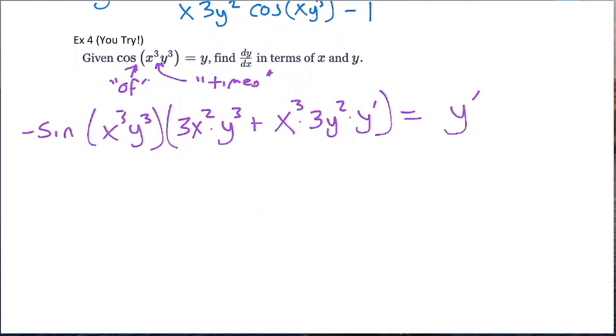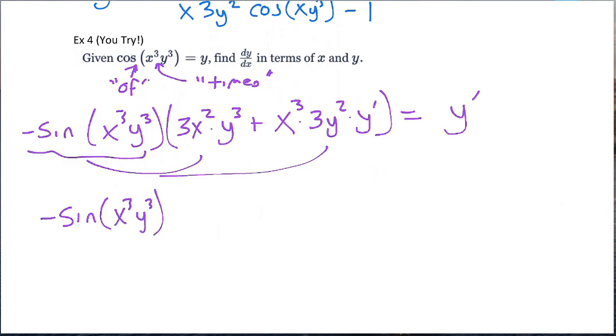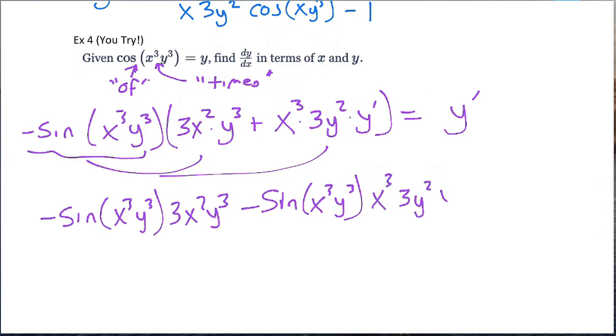Now I'm going to simplify, and I'm not going to do my fancy moving things around like I did last time. So I'm going to distribute this through to here, through to there, and I'm going to have negative sine x cubed y cubed times 3x squared y cubed minus sine x cubed y cubed times x cubed 3y squared y prime equals y prime.